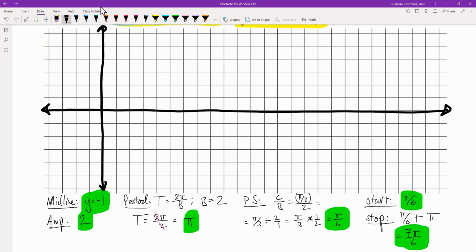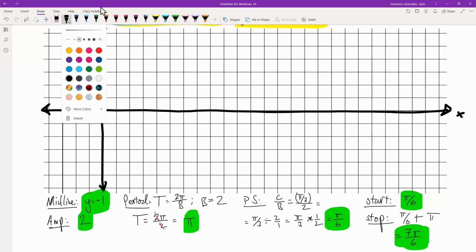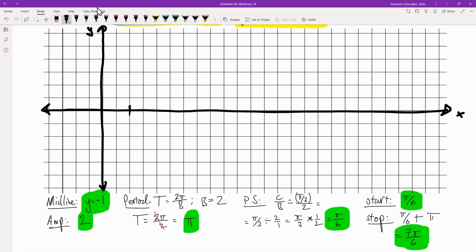So we know that these are my x's and these are my y's. Okay. I am going to start throwing down my tick marks on my x-axis. And what I'm going to do is every 2. Like I said, you can go ahead and do these tick marks however you see fit. They don't have to be by 2s. They can be by 3s. They can be by 1s if you wanted to. I'm going to do it by 2s so that it gives me enough space.